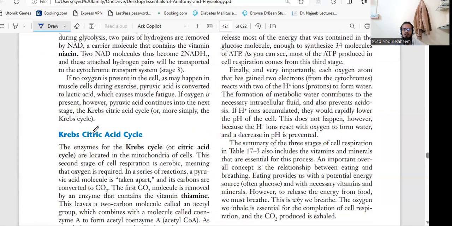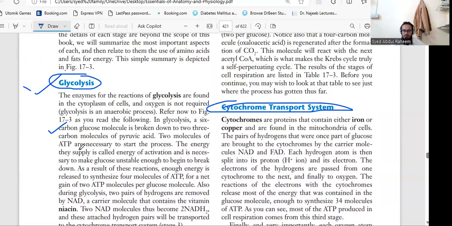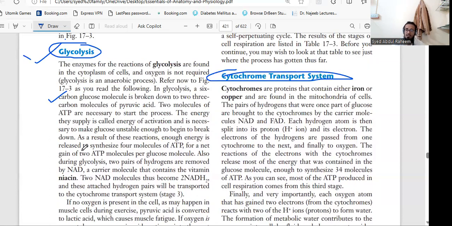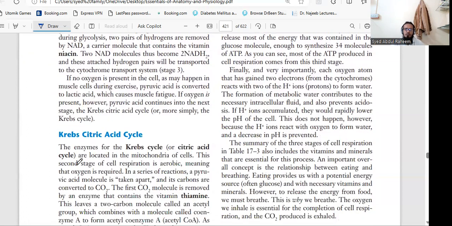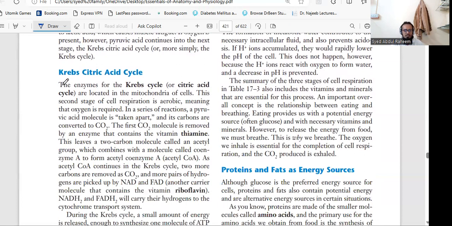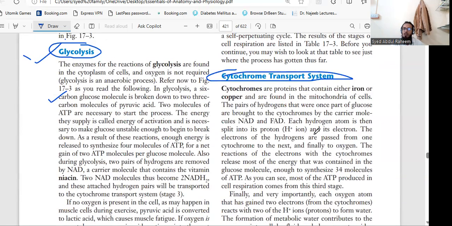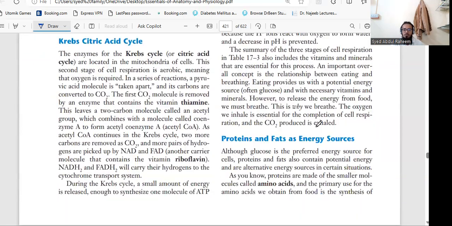Basically, this is the process of how glycolysis happens, and how much energy is required to start the process. It is very important, but not here. Next, we have the Krebs citric acid cycle also. It is also related to the biochemistry part, and so is the cytochrome transport system.